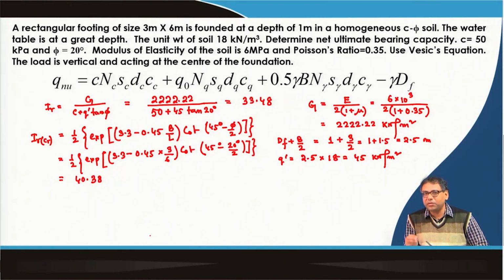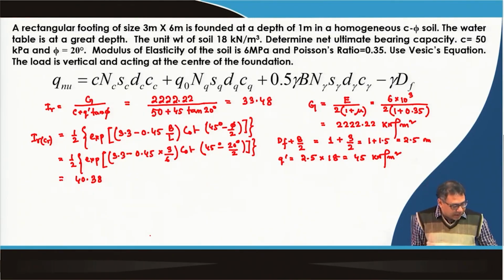If the IR is equal to IR critical, then the correction factors will be 1. As these values are very close to each other, it is expected that the correction factors will be very close to 1. Because if the difference is more, then this value will be less than 1. Here it will be less than 1, but very close to 1.